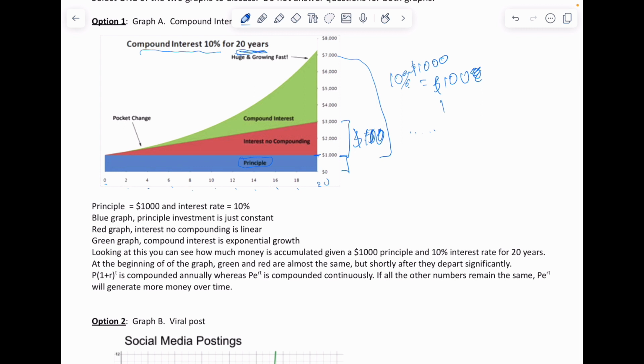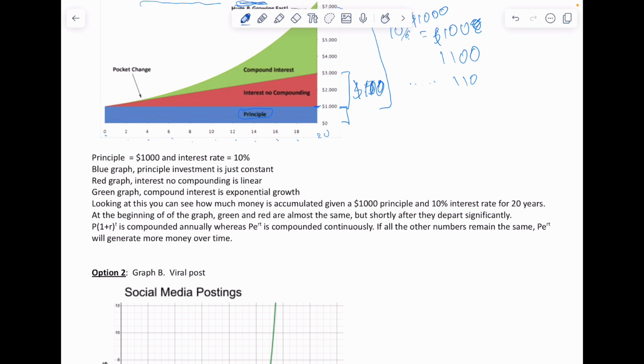It has $1,100 because you have that additional $100. And now we're going to get interest on that. 10% of that is going to be $110. And so then you're going to add that into it. As this number gets bigger and bigger, that 10% just grows more and more.